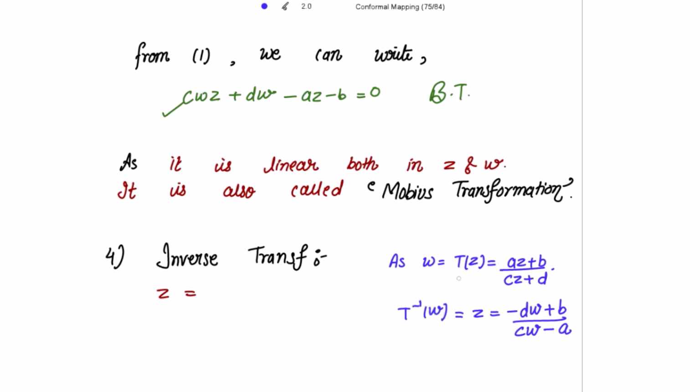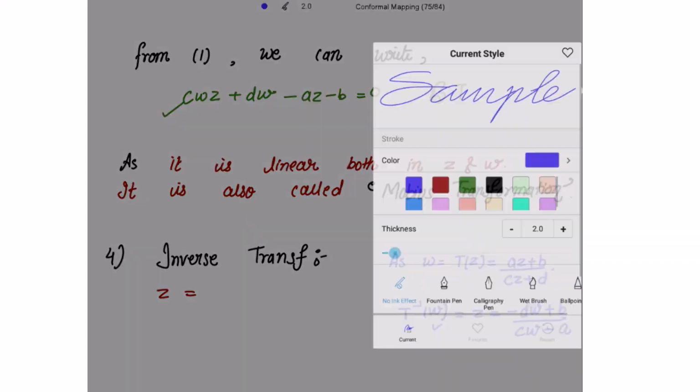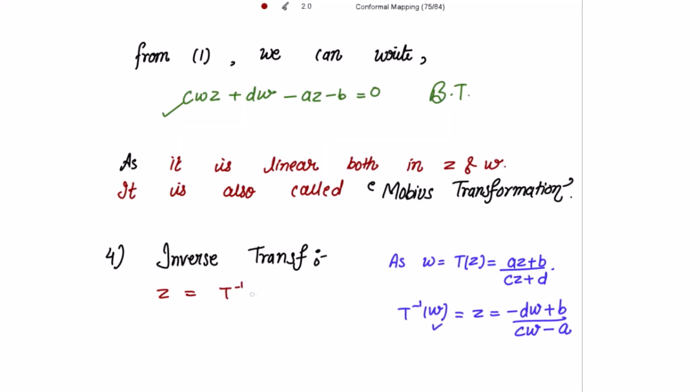So this T will go to the other side as the inverse. So z is equal to T inverse of w, that is (−dw + b)/(cw − a). This is your inverse transformation.